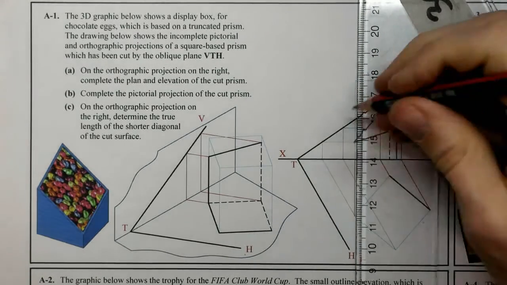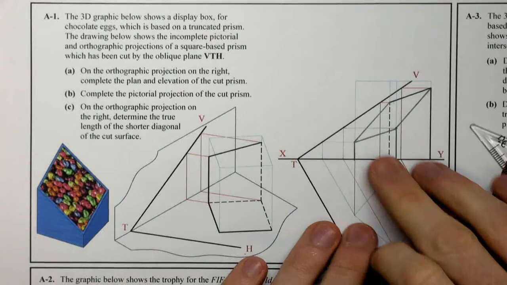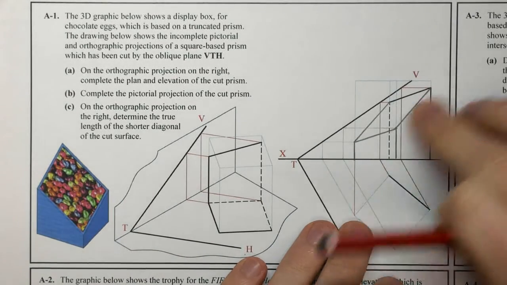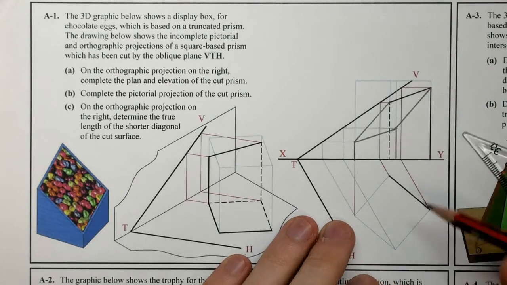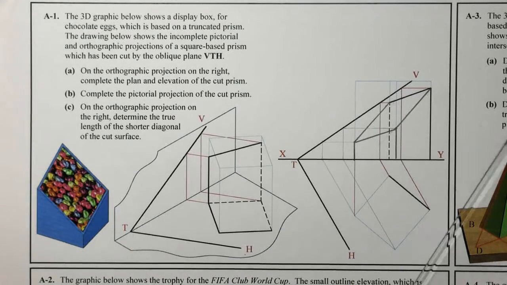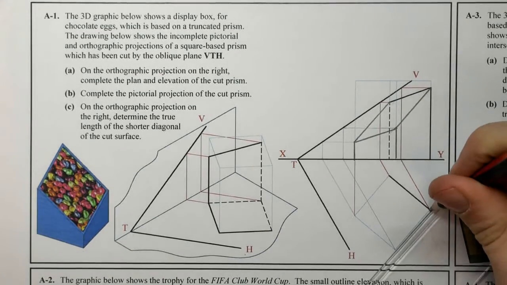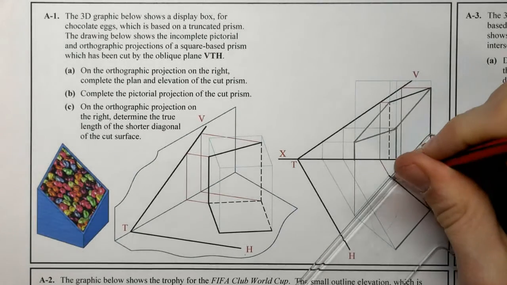That's my elevation completed, and in my plan we can see it's cutting out through the whole object, so when we look down, we're still going to see this surface. So that will still appear as a square when we look down on plan.